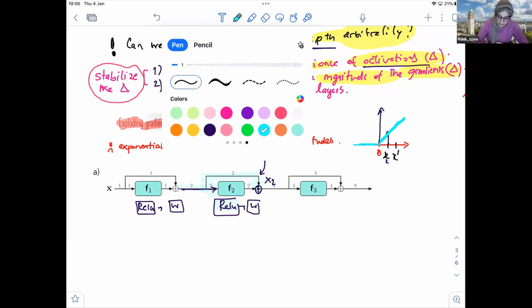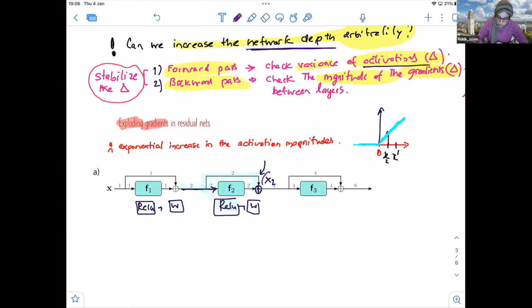In the next layer, you pass on the X2 and do the transformation, and then you take the X2 and add X2 to the output. So the X3 that is output has X2 plus another signal. So every time, the output is the input itself plus a certain transformation.